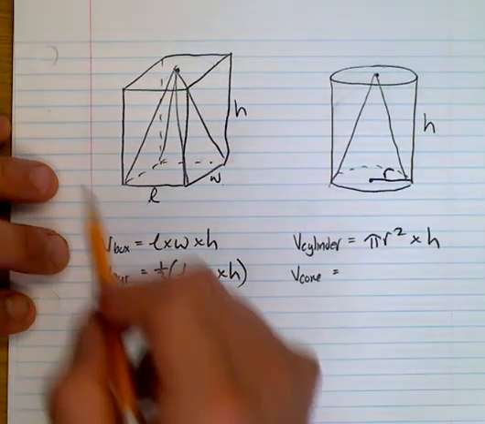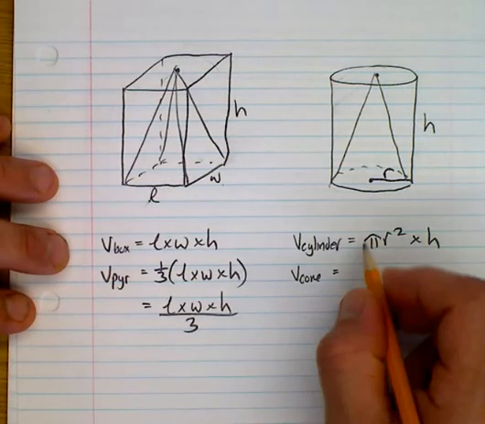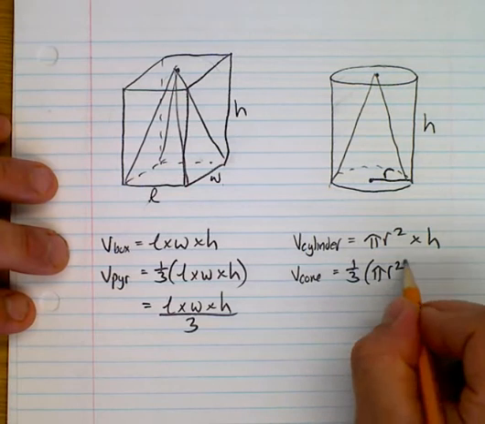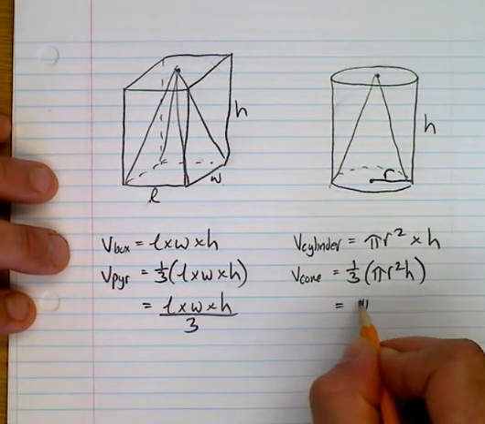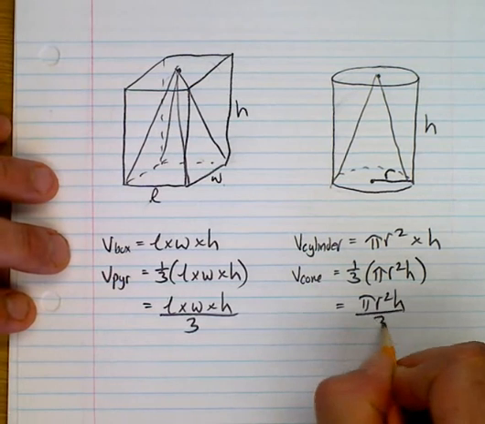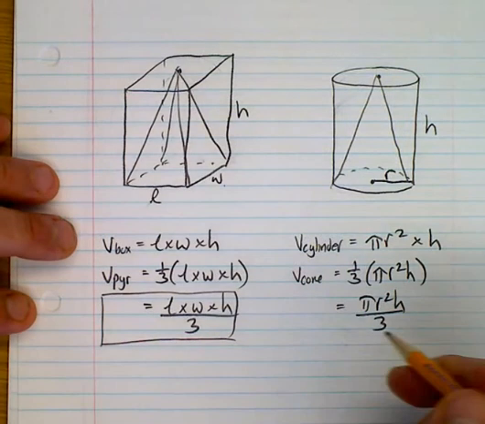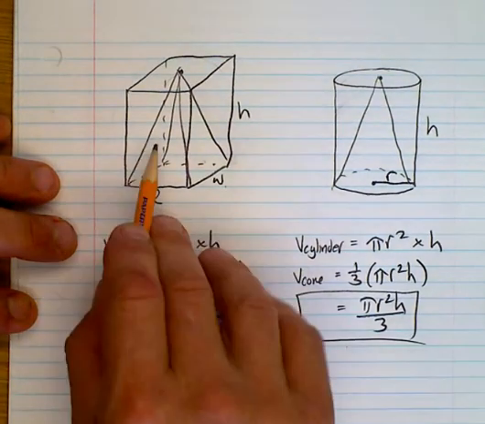Think about the pyramid, think about the box. What's the relationship? It just so happens that it's pretty much identical. It's a third of your pi r squared h. Another way to write that would be pi r squared h over 3. These are the formulas that you need to know in order to find the volumes of pyramids and cones.